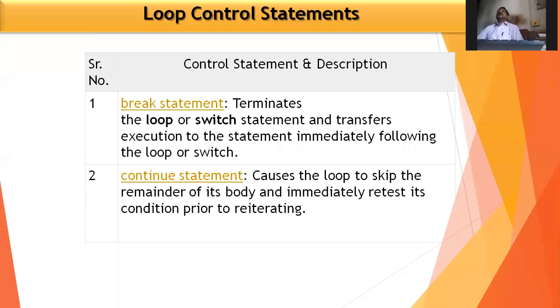So for example, if we have to skip some of the statements in the body of the loop, we can use the continue statement. So these two statements are also important. Maybe these can be asked in the examination as an MCQ or a simple 5 marks short note question.